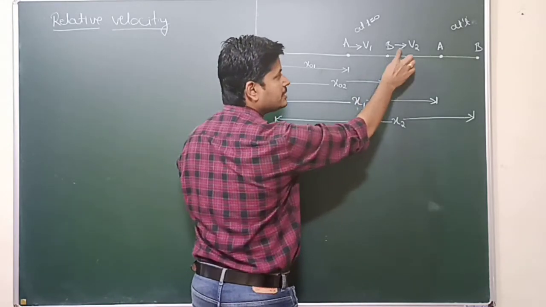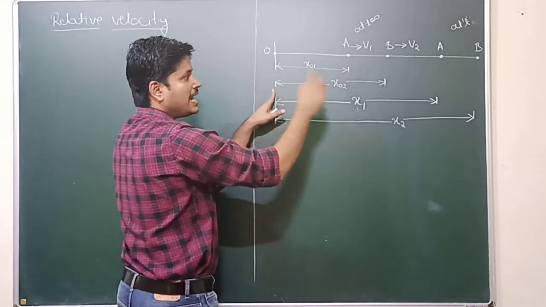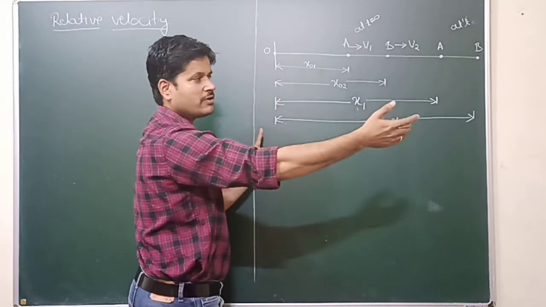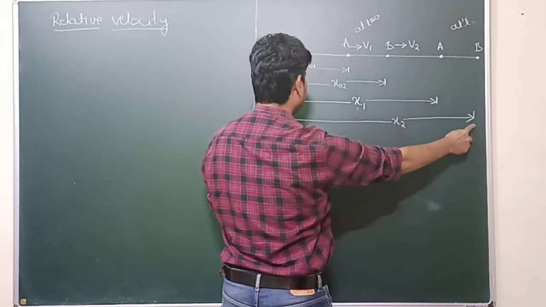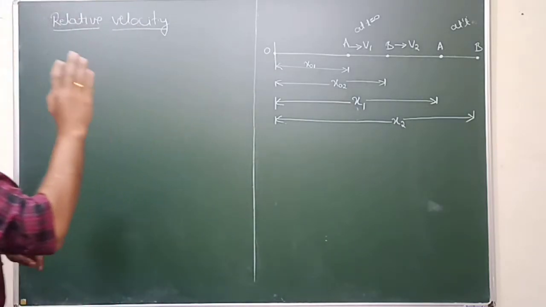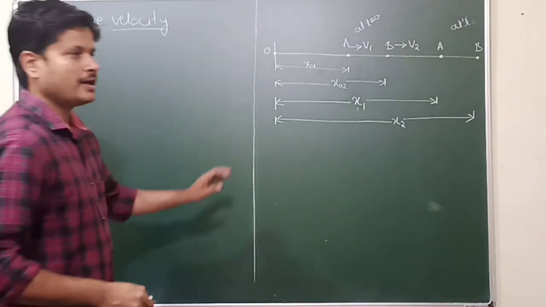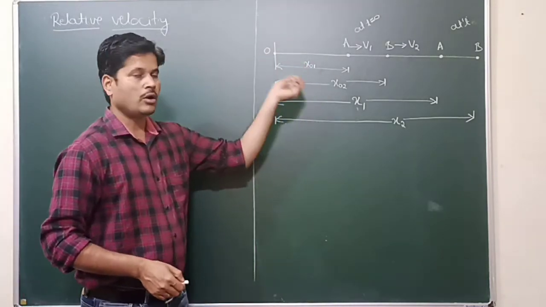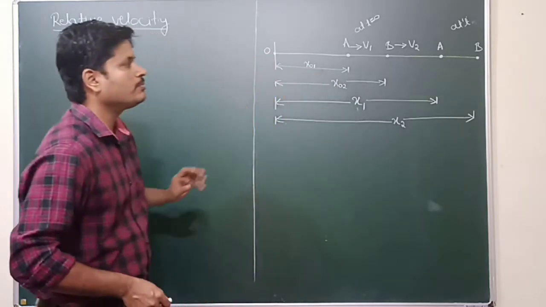And the object B's initial position is x02 from the origin, and after a certain interval of time B reaches here at time t, and that position is x2. Note down here or take a snapshot initially. Okay, I hope now you have understood all these terms properly.